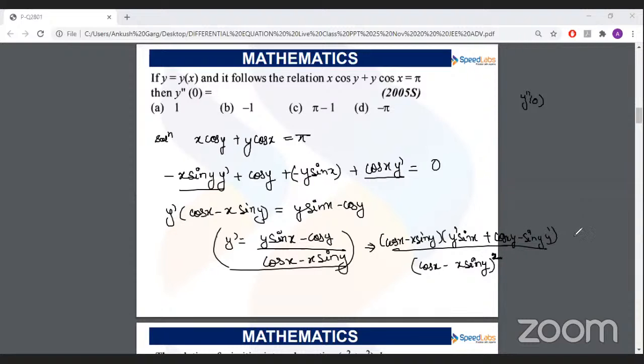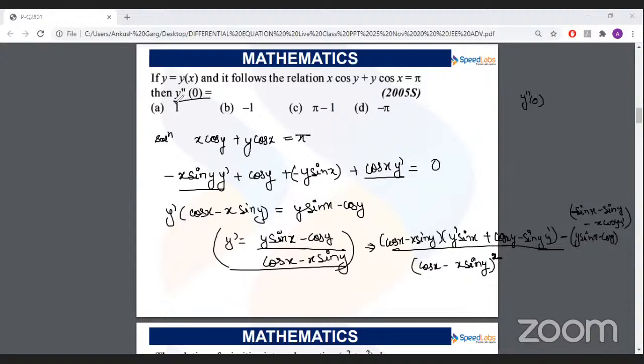Okay, great. And here you will have minus the numerator times the constant, that is y sin x minus cos y. And the differentiation of the denominator will be minus sin x and minus sin y, and the last one will be minus x cos y dash. Okay, so it is very lengthy.